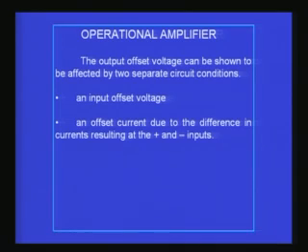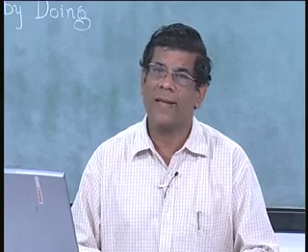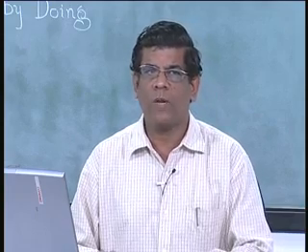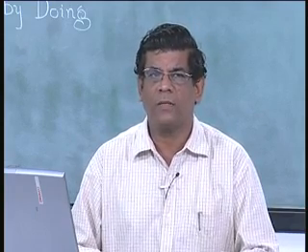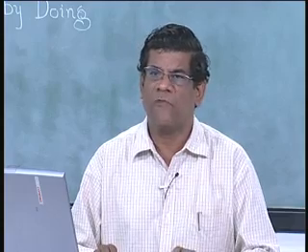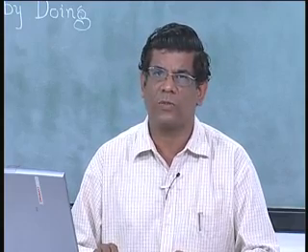But the two input bias currents are equal only in an ideal case. In a normal amplifier, you would find there will always be some finite but small difference in the two input bias currents.